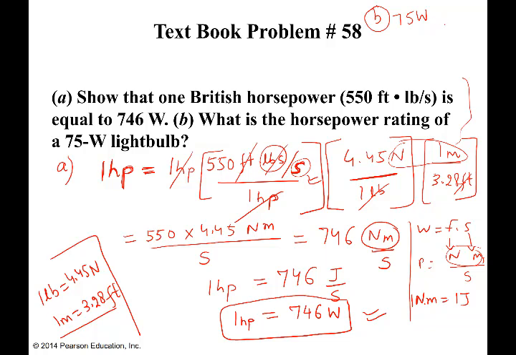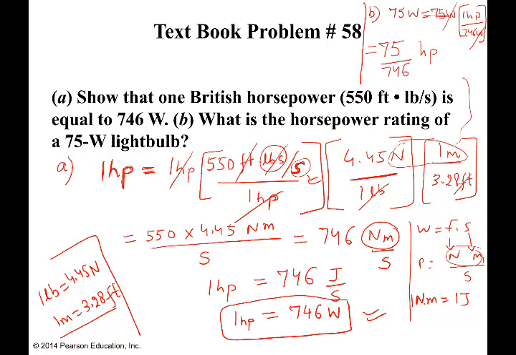So 75 watts will be equivalent to, sorry for the tight spacing, but I think we should be able to fit in this space. So for B part, you'll have 75 watts, I want horsepowers, so 1 horsepower on top and 746 watts in the denominator, because you are converting from watts to horsepower, and watt and watt is going away, and you're left with 75 divided by 746 horsepower.